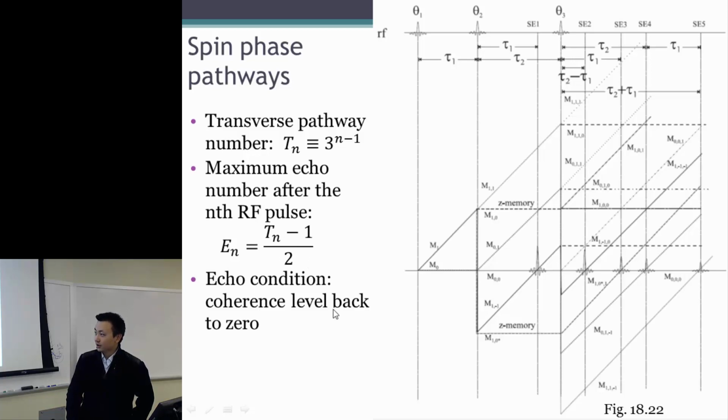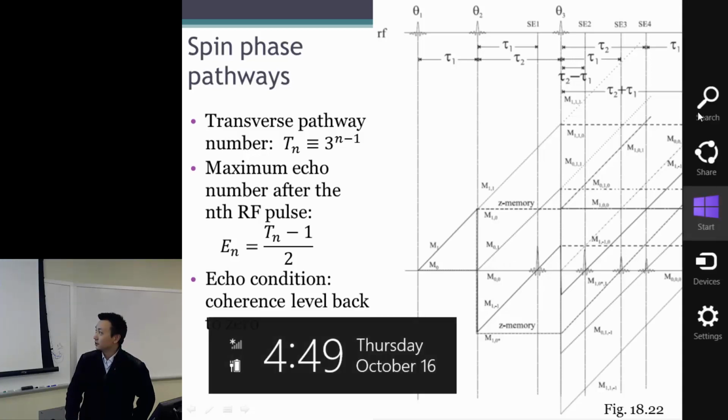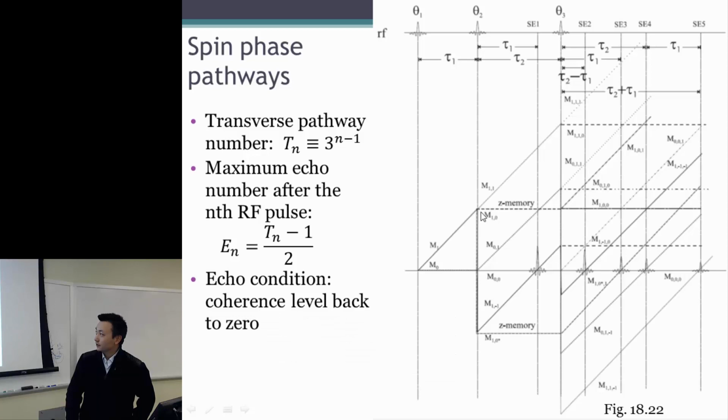The echo condition is that the coherence level has come back to 0. So a pathway that is always developing above 0 will not form an echo; it is more like a dephasing path. But whenever the phase is flipped by the 180-degree component of the RF pulse back to the negative coherence level, it will still develop towards the positive coherence.